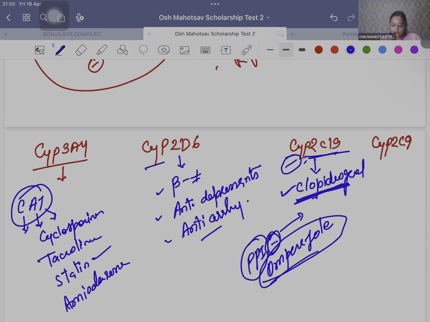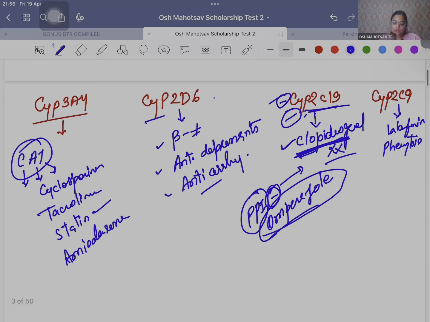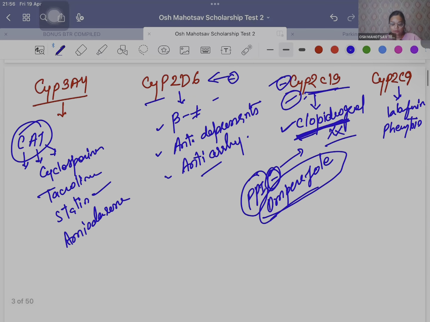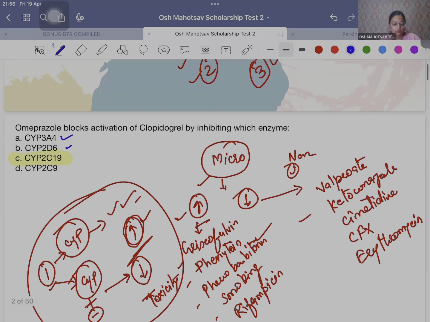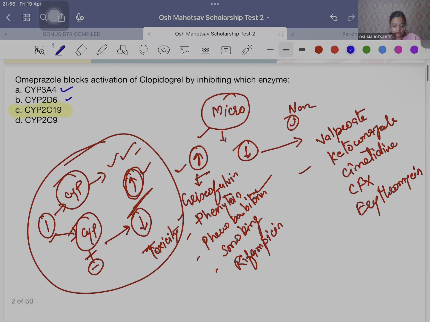If we use PPI plus clopidogrel, the PPI will block cytochrome 2C19, so clopidogrel will not be activated. Cytochrome 2C9 metabolizes warfarin and phenytoin. These are the main enzymes you have to remember, because drugs that block them lead to toxicity of whatever drug they are metabolizing. So here the answer will be cytochrome 2C19.